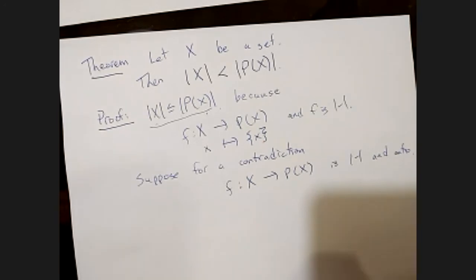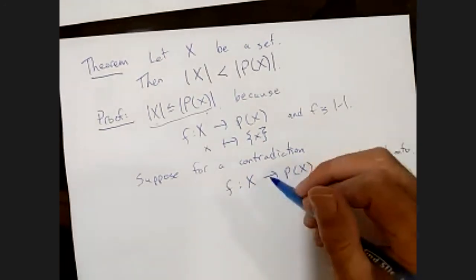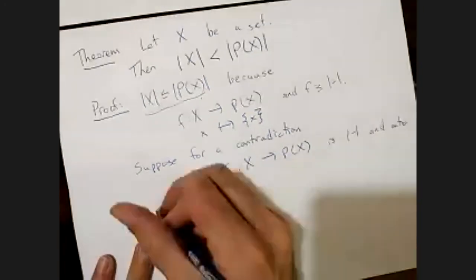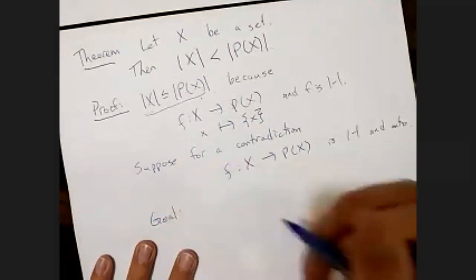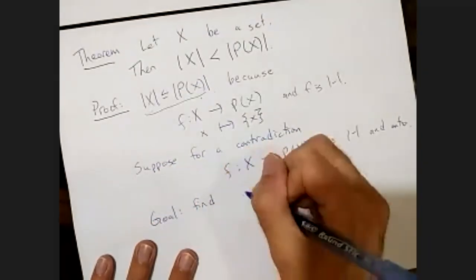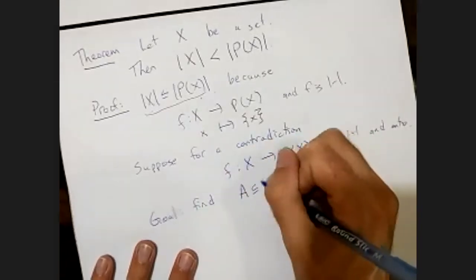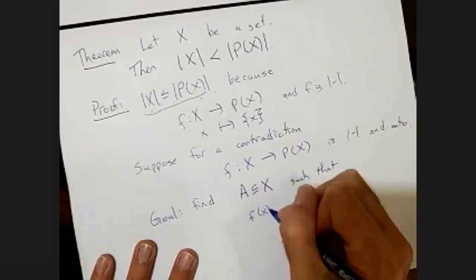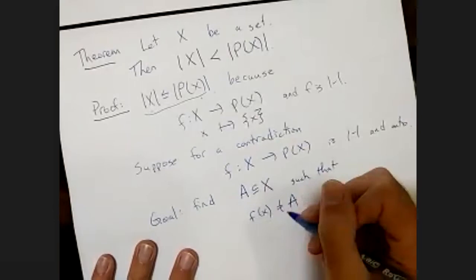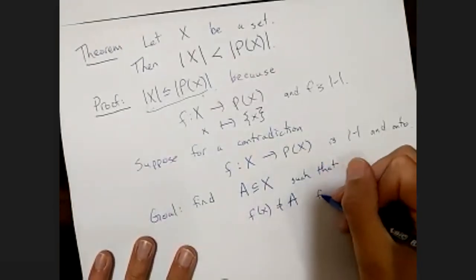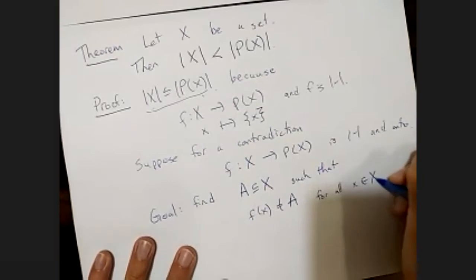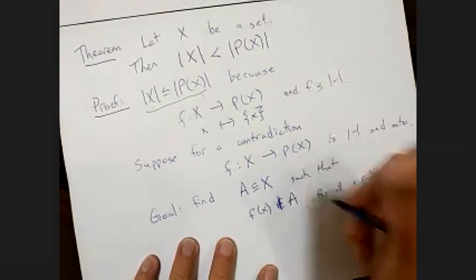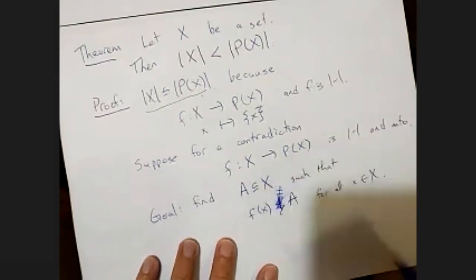We want to construct a subset of X which is not in the image of f. Our goal is to find a subset A of X such that we can't find any x for which f of x is equal to A. No, f of x not equal to A.